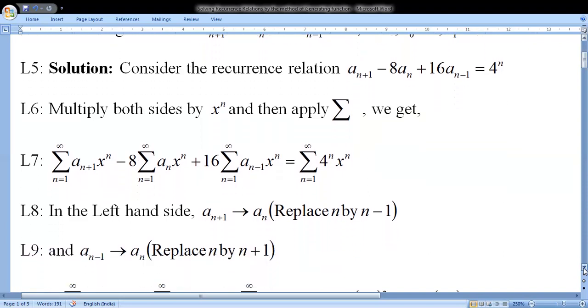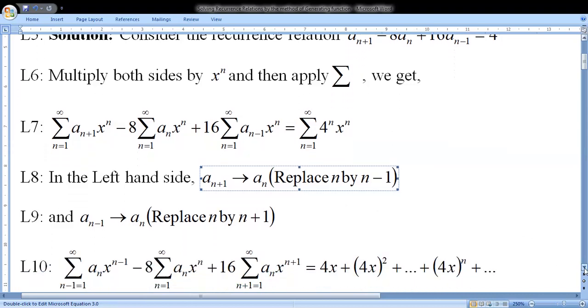Now, a_{n+1} has to be converted to a_n. For that, we need to replace n by n minus 1, and in the third term, a_{n-1} has to be converted to a_n. For that, we need to replace n by n plus 1.